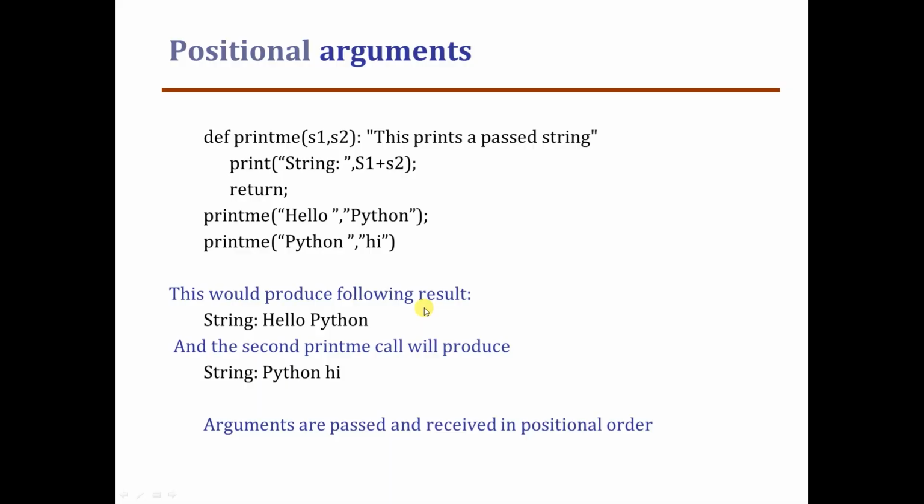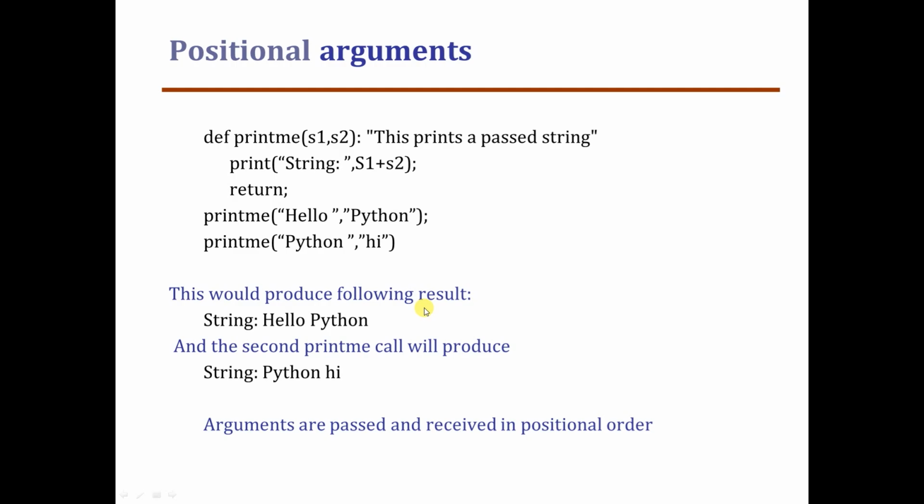Here we have one more example where the function receives two parameters, S1 and S2. Whatever first value we pass gets copied to S1 and whatever second value we pass gets copied to S2.